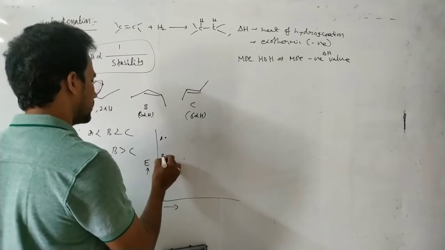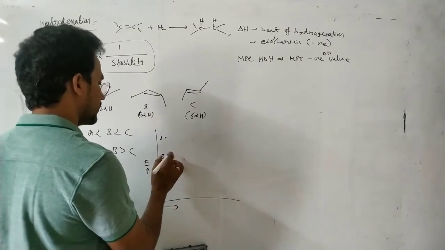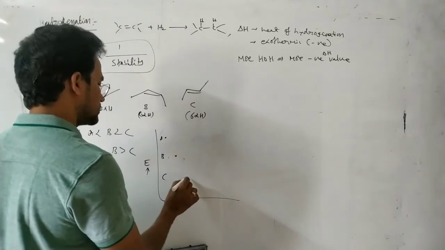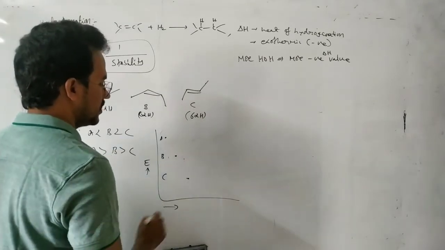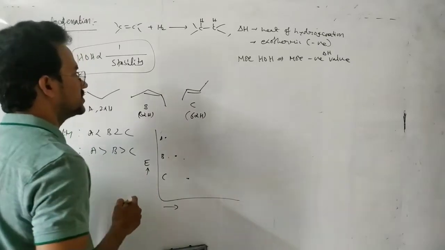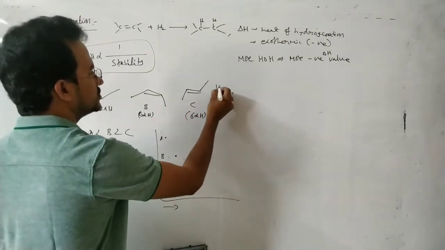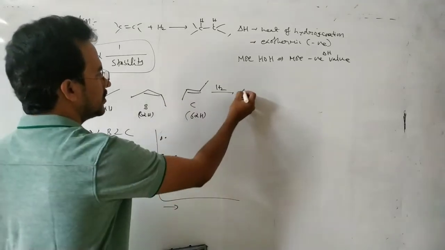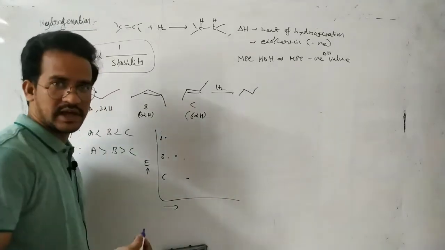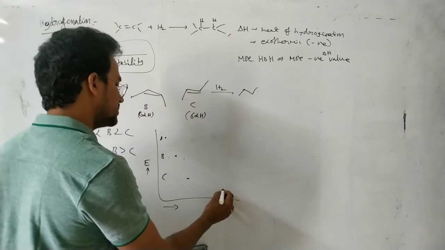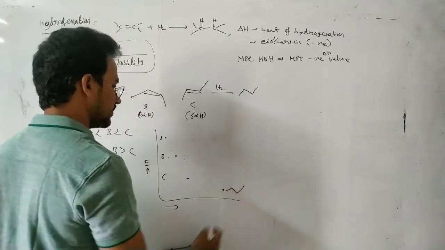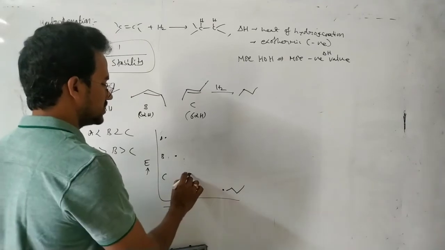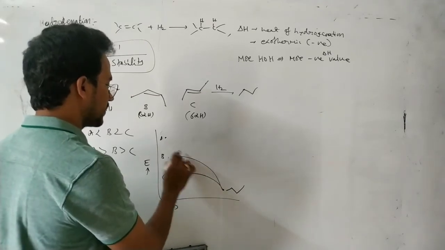Next B, and next C. If H2 is added to 1-butene, cis-2-butene or trans-2-butene, we get n-butane. The product energy is the same, that is n-butane.